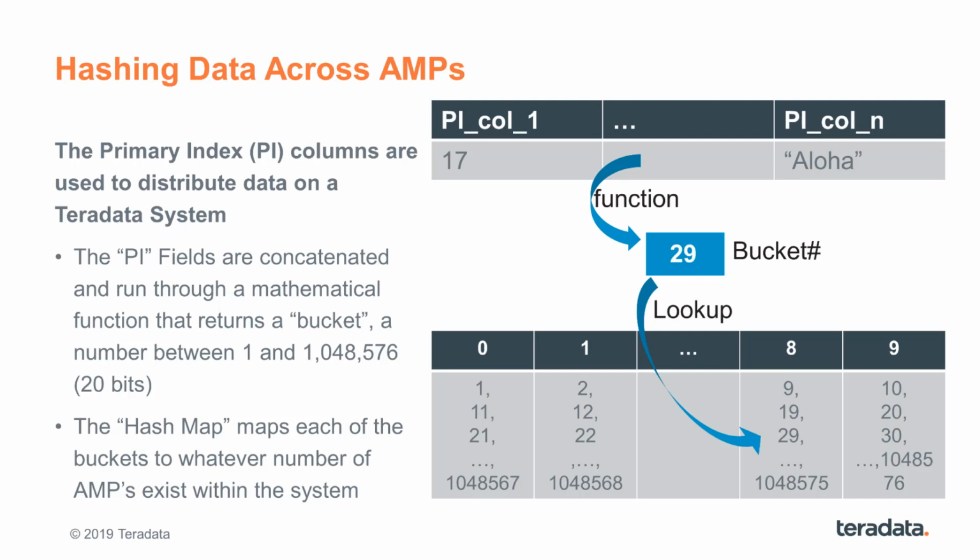Second, if my SQL contains a group by and all PI columns are part of it, then all the aggregations can be calculated locally on the amp. There is no data distribution required. And third, when two tables have the same PI columns, they are called co-located. An equality join between those two tables based on the PI columns can be done amp local.